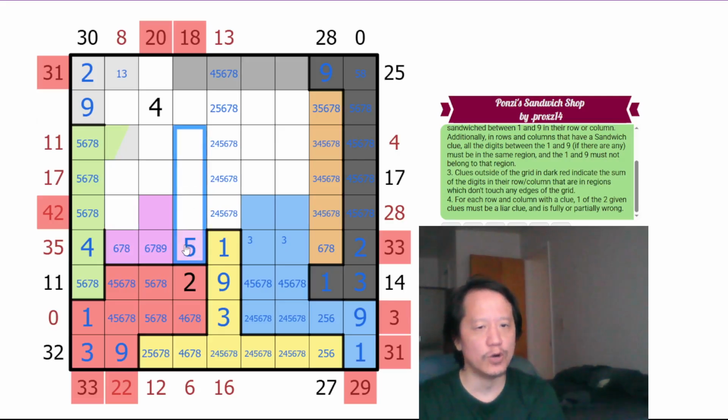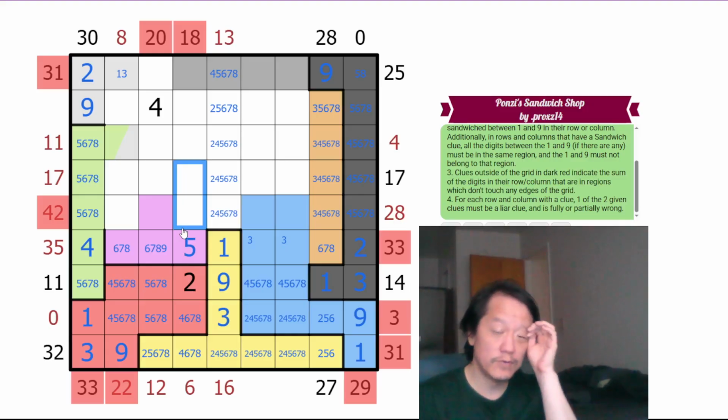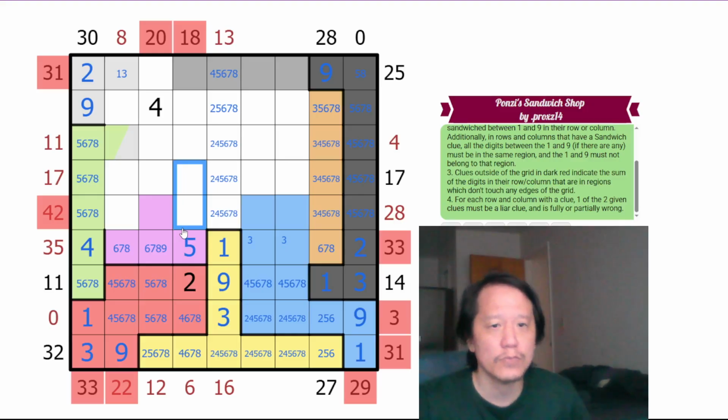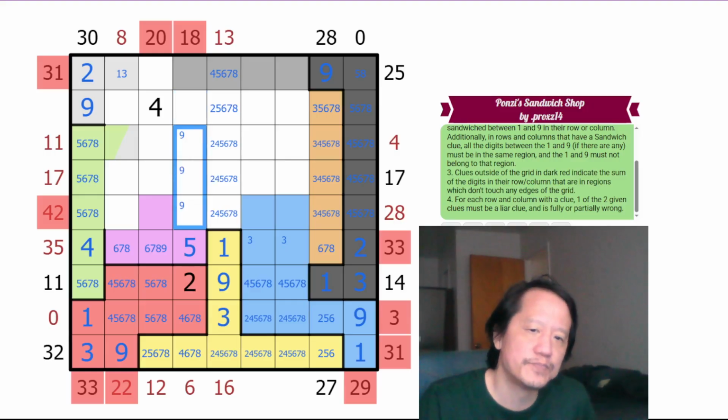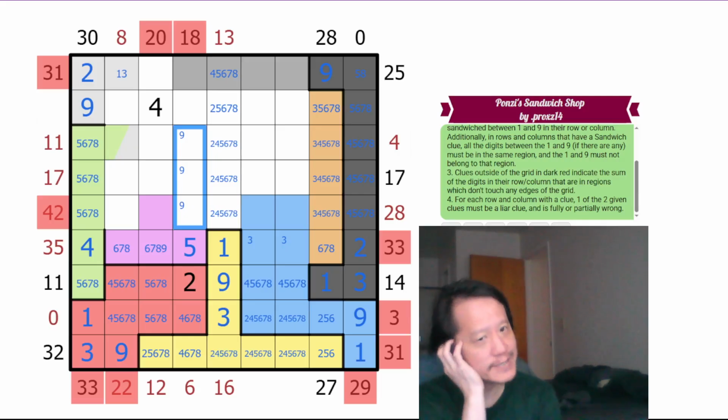This is 5 and 1 guaranteed here for that column. 9 cannot be here. So 9 has to be one of these 3 digits. Green needs access to a 9.